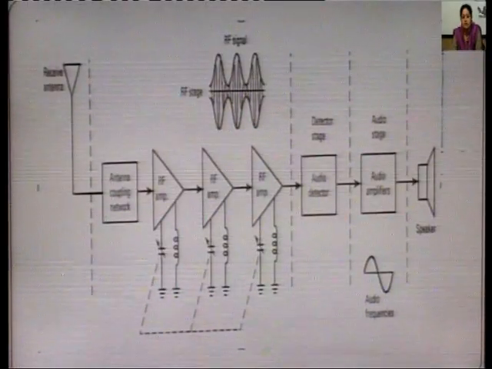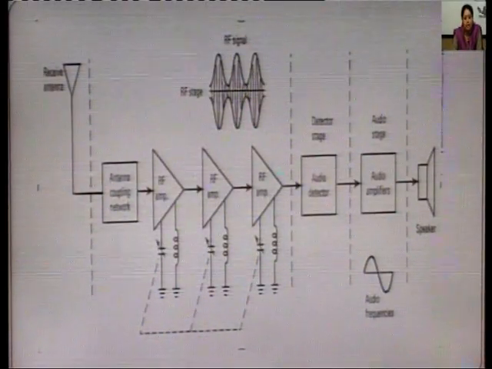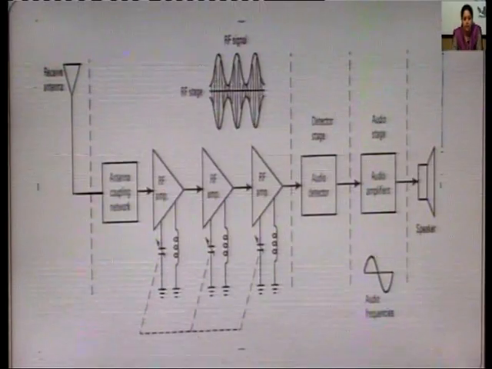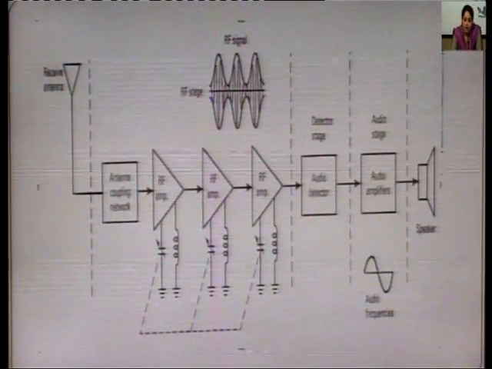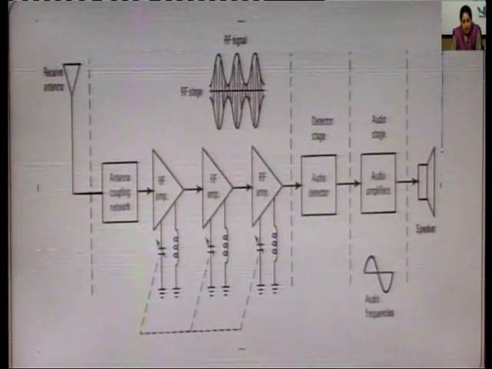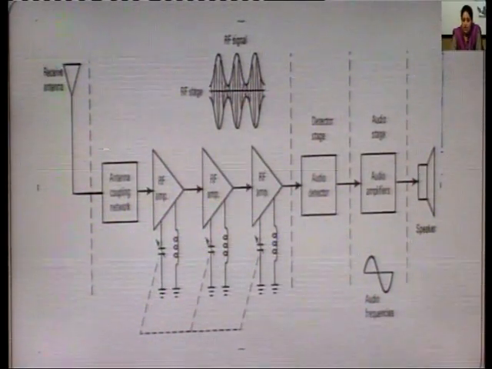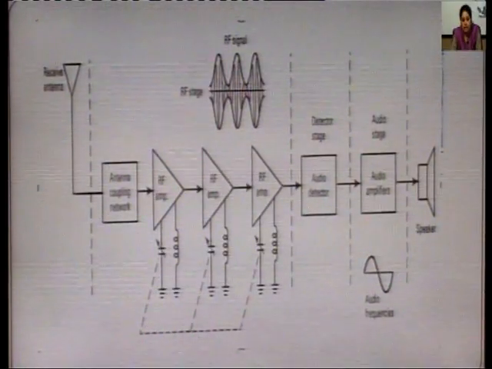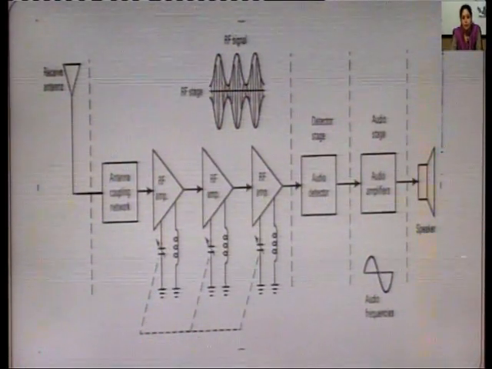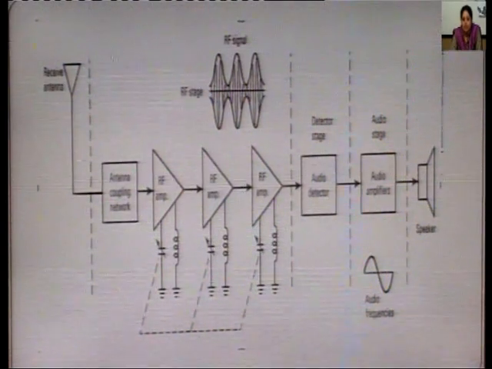Now this is the detailed diagram of the tuned radio receiver. Here you have a receiving antenna. There are various signals present in the atmosphere in the form of EM waves, but only the particular signal that you desire is selected by the antenna coupling network.